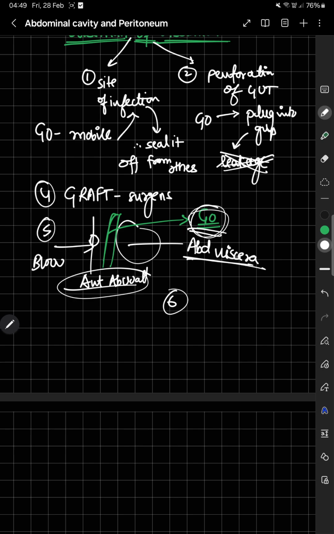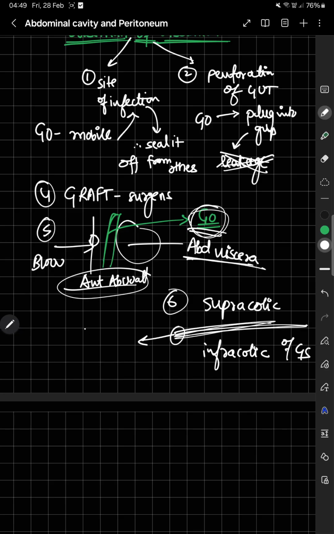And it's also mentioned that this acts as a partition between the supracolic and the infracolic compartments of the greater sac, and the thing that divides it is our greater omentum.